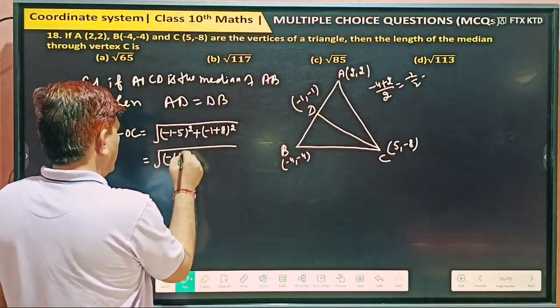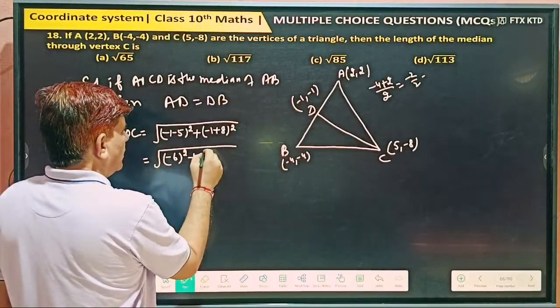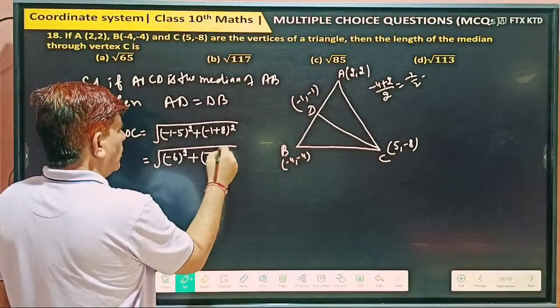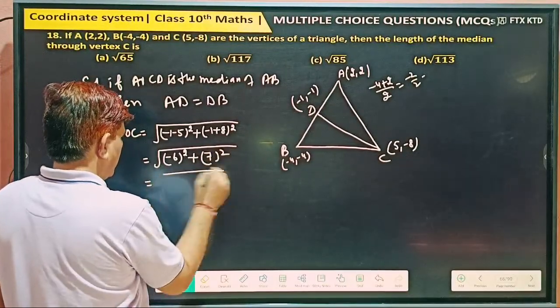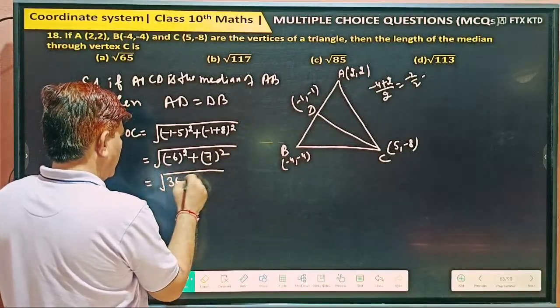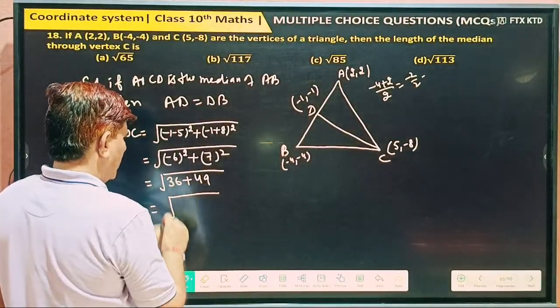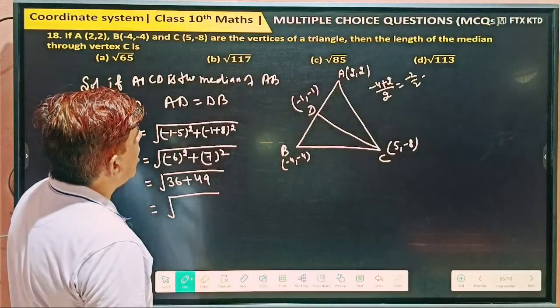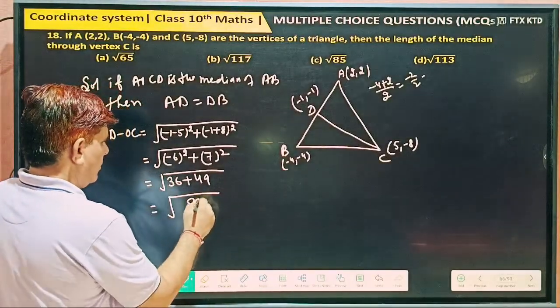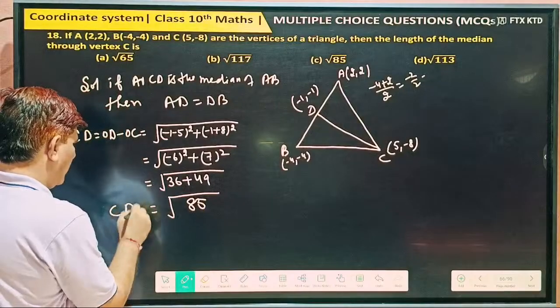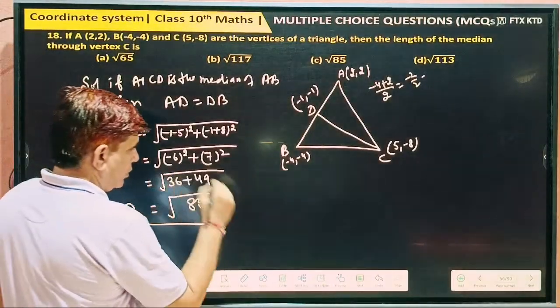Minus 6 whole square plus 7 whole square. What is this? 36 plus 49. How much is this? This is 85. So CD is equal to this.